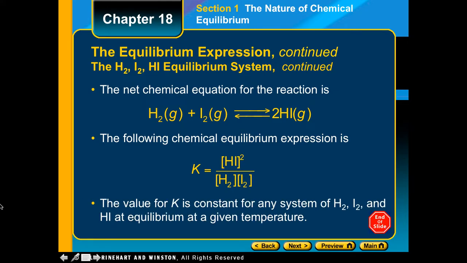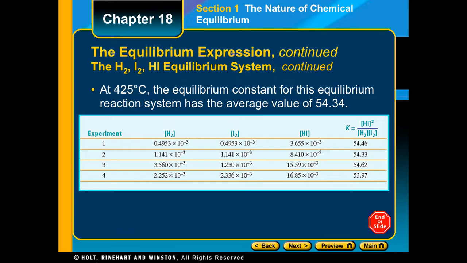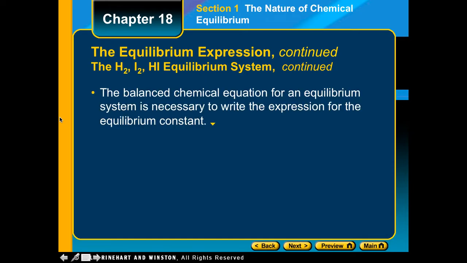The value of K is given at constant temperature. For example, for these values of concentrations, we got K of 54.46, 1.41, and so on, to give 54.33, which is at 425 degrees Celsius.